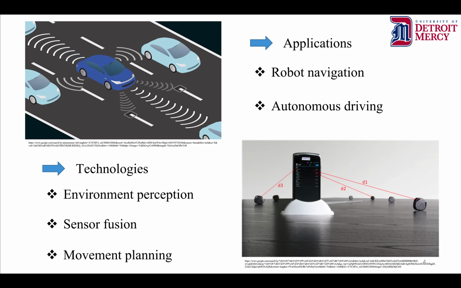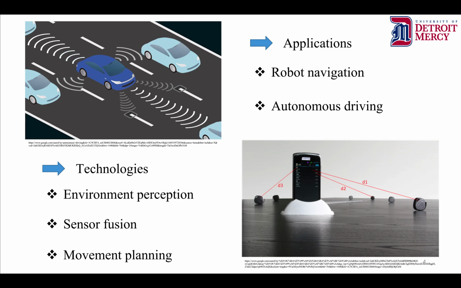The technologies used in these applications include environment perception, sensor fusion, and movement planning. For environment perception, you use different sensors to perceive the environment and get data feedback, and use this data to move the robot.